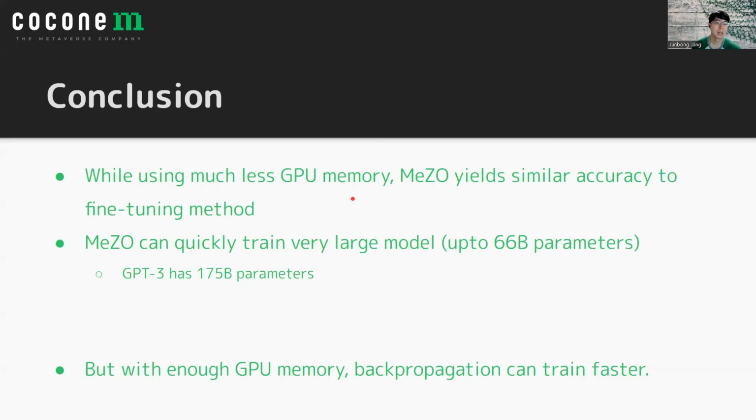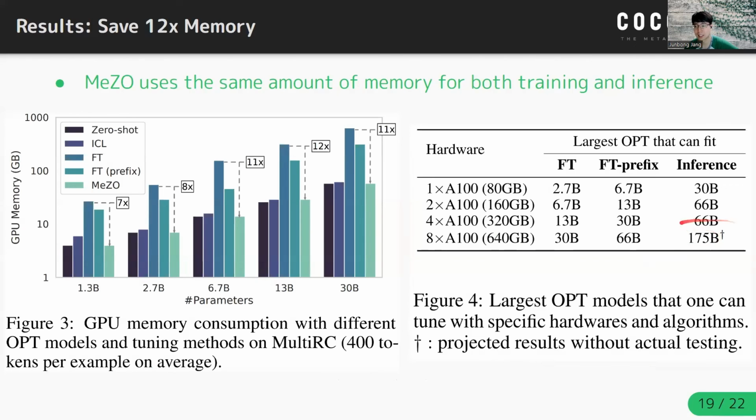So in conclusion, while using much less GPU memory, MeZO yields similar accuracy to the fine-tuning method, and MeZO can quickly train very large models, up to 66 billion parameters, which they tested in their experiments. GPT-3 has 175 billion parameters, but unfortunately, they did not test it.